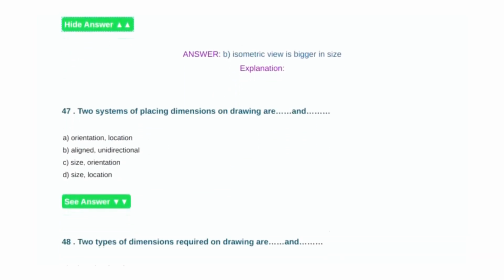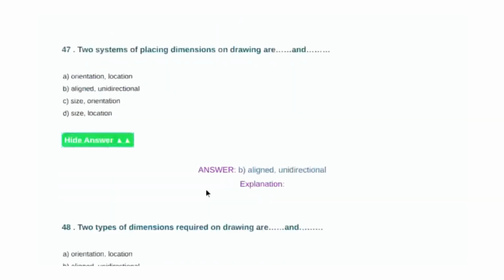Two systems of placing dimensions on a drawing are orientation and location, aligned and unidirectional. Option B, aligned and unidirectional.